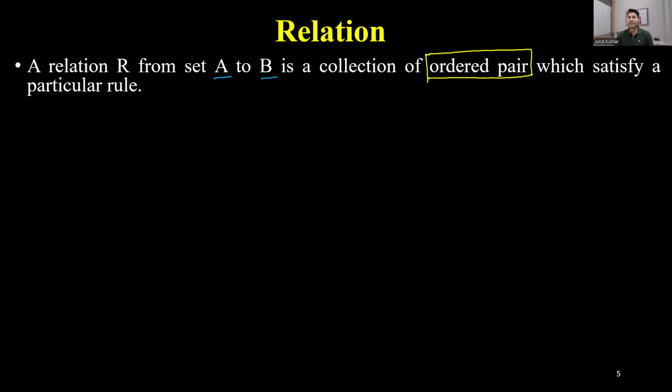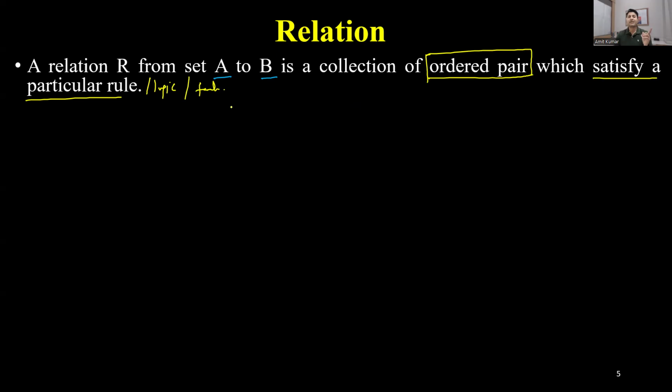Where the order of the elements, or say the data values, matters, which satisfy a particular rule, a particular logic, a particular mathematical formula, or anything that you want to define.